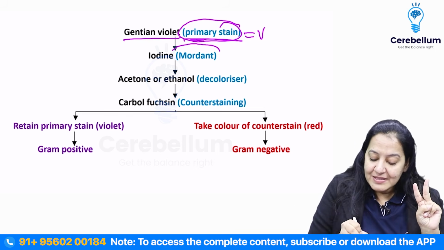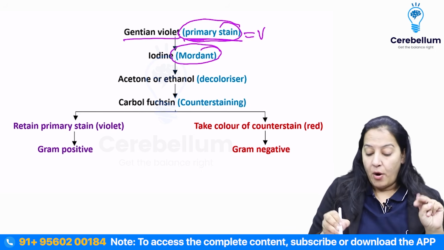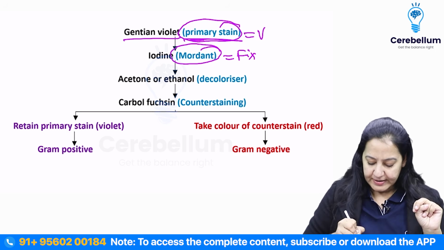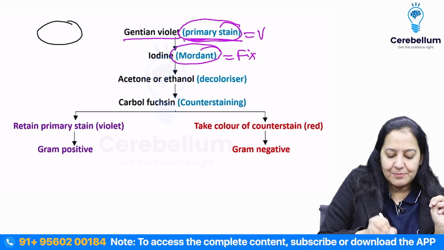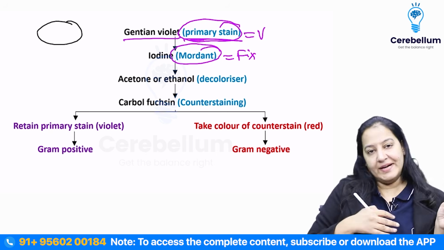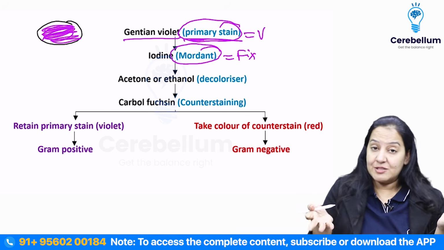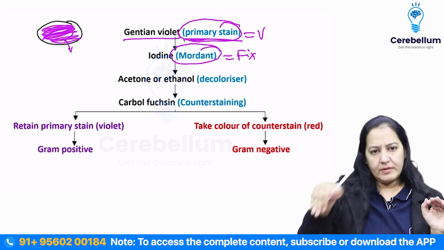The second step is the addition of mordant. What do you mean by mordant? Mordant is something which fixes the primary stain inside the bacteria, right? I told you all bacteria are transparent. So this is a transparent bacteria and you are giving a violet stain to this. The bacteria will become violet from inside, because it was transparent and you provided the primary stain, but it will leak it out.